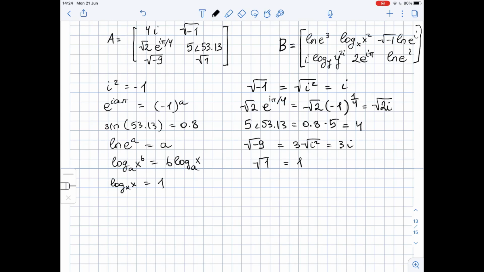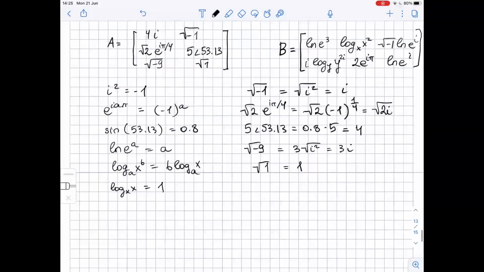So after all these operations, we get that matrix A equals 4i, i, the square root of 2i, 4, 3i, 1.